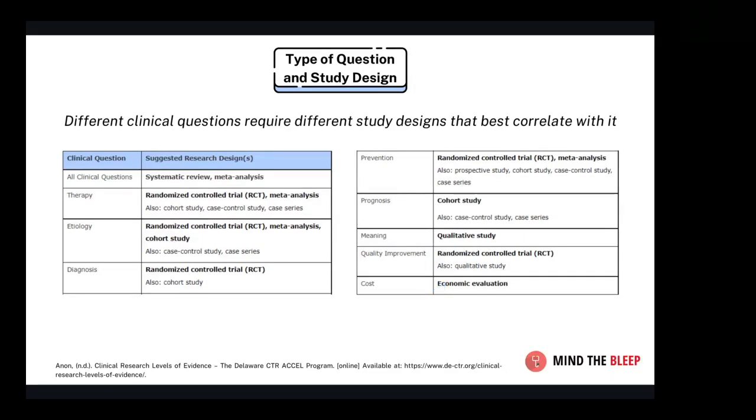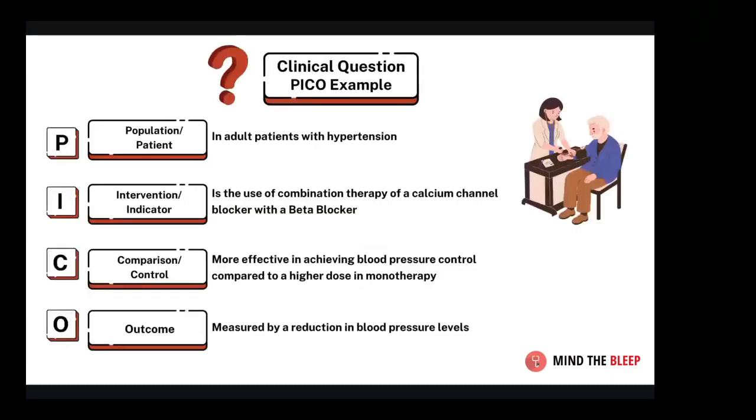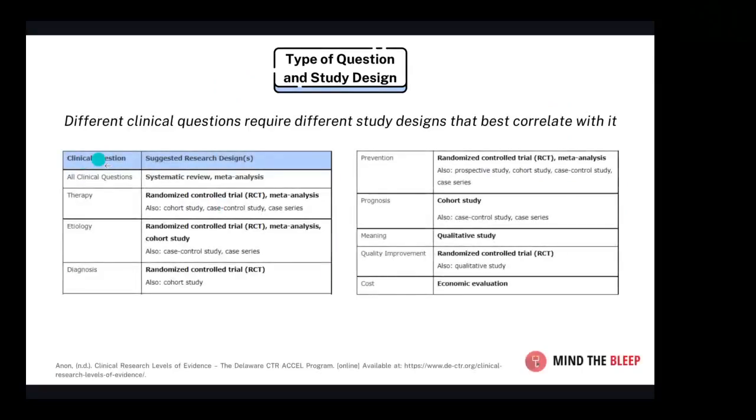Can anyone tell me, based on the example that we've had, so this is our PICO, just to help refresh your memory, based on our clinical question, do you know what we're looking for in terms of a suggested research design? But first of all, what type of clinical question is it? Is it a therapy, etiology, diagnosis?